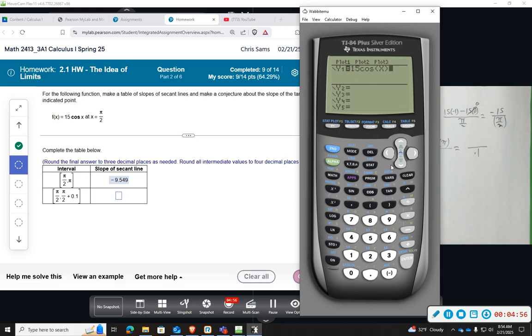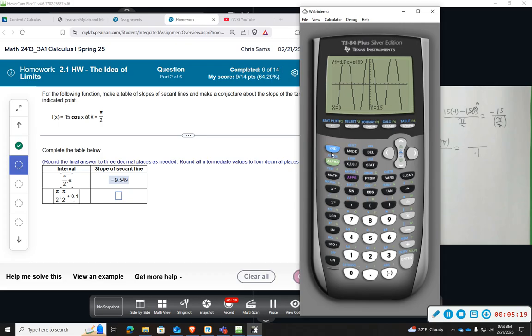And we're going to graph, and we'll see if I can type it here and just keep doing it, or if I have to go to the home screen. So we want to use x as pi over 2 plus 0.1.